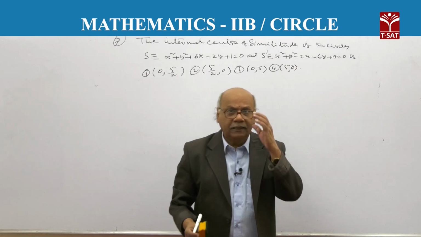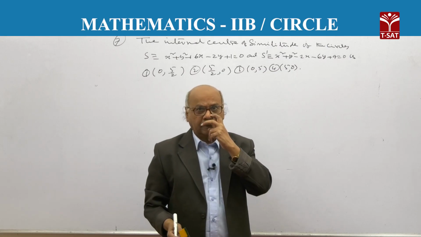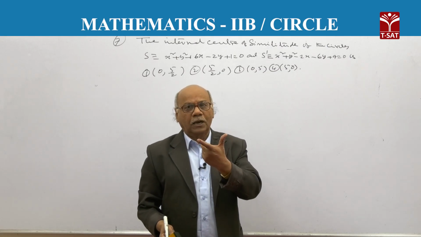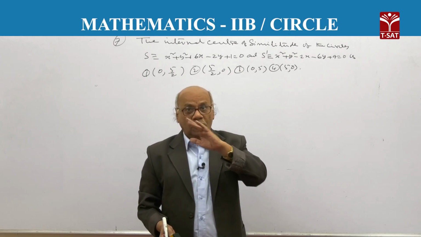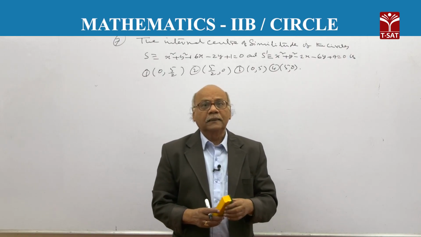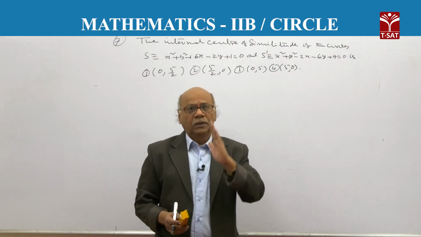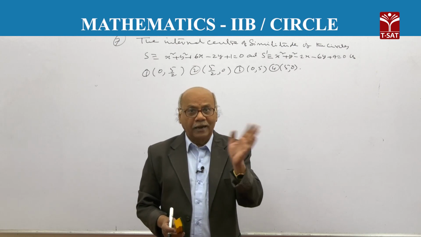And all of you know that the internal center of similitude of two given circles is nothing but the point of intersection of the transverse common tangents, which intersect on the line joining the centers. The internal center of similitude divides the line joining the centers in the ratio of their radii.